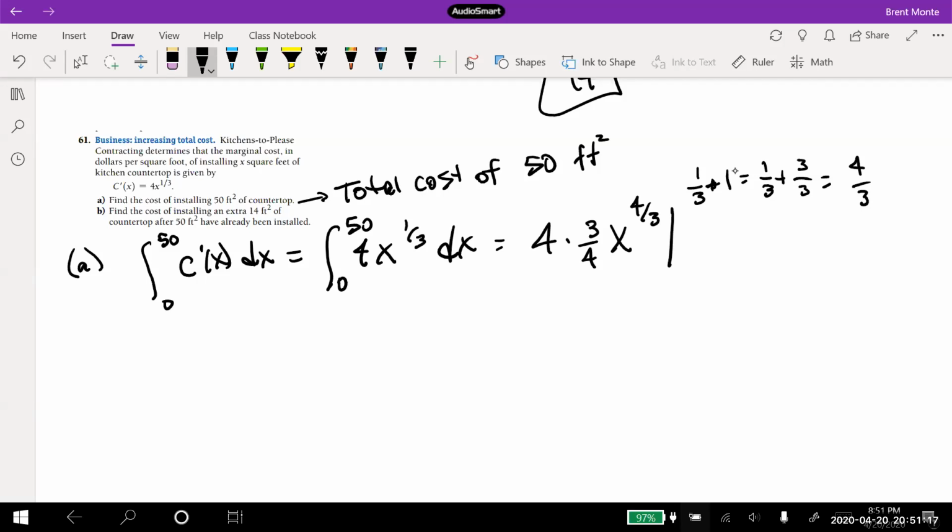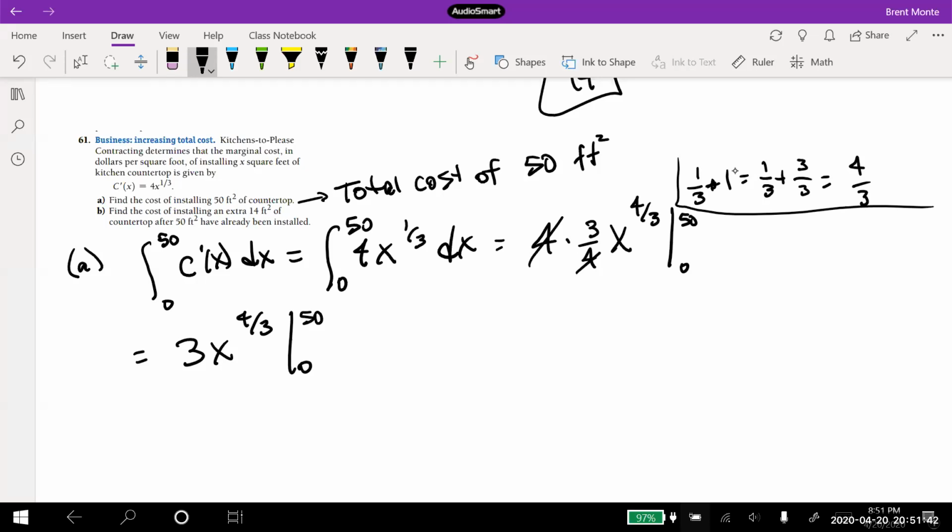We don't have to say plus C, but we're evaluating from 0 to 50. Again, these 4's cancel, that's nice. So what I really have is 3x to the 4/3 evaluated from 0 to 50.